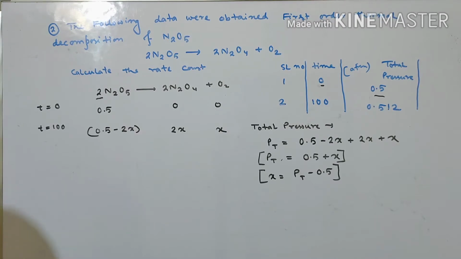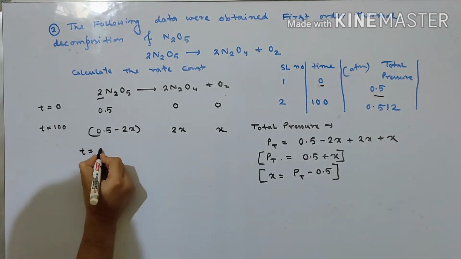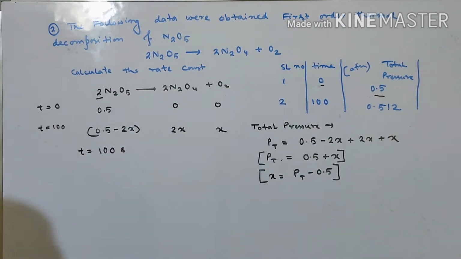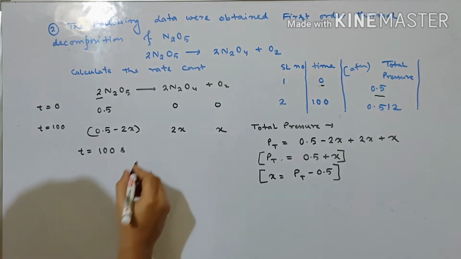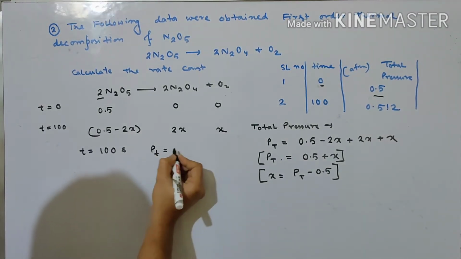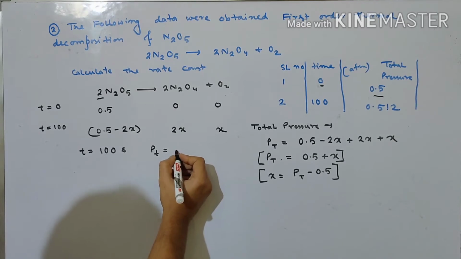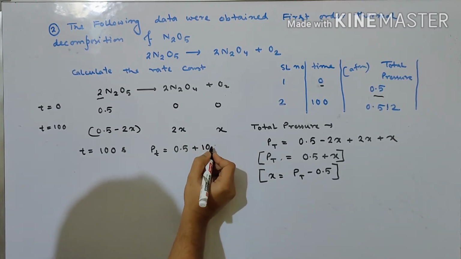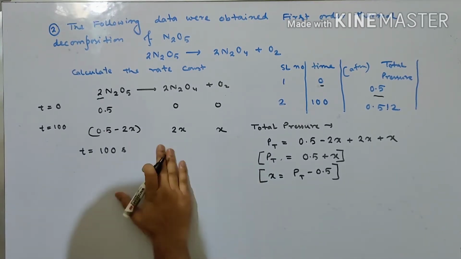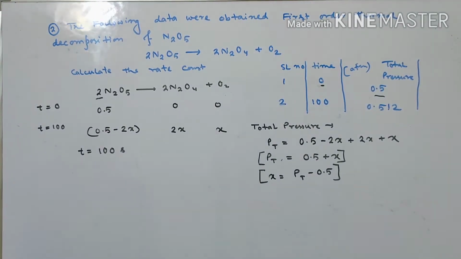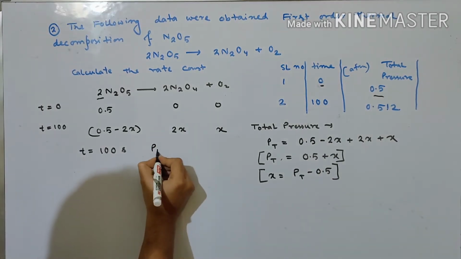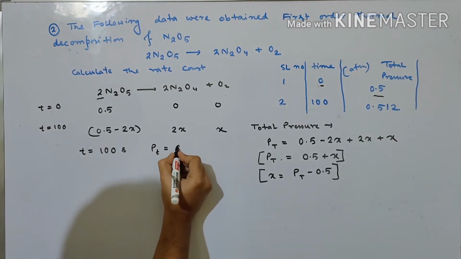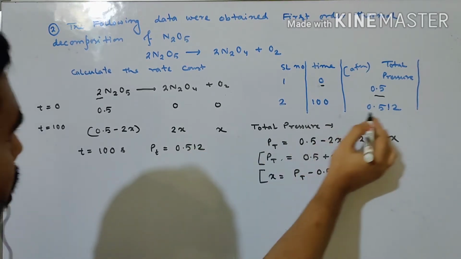Now the situation is when T is equal to 100 seconds. When T is equal to 100 seconds, Pt becomes how much? It is 0.5 plus x, and Pt is 0.512, already given.